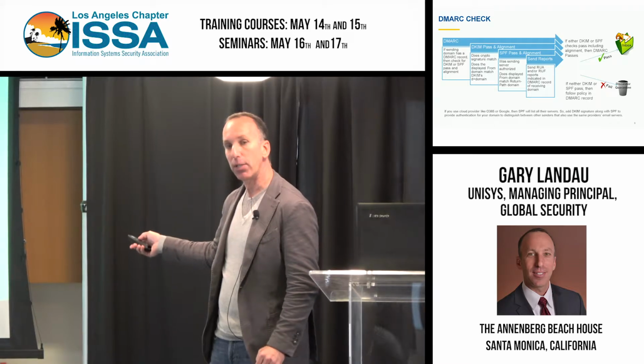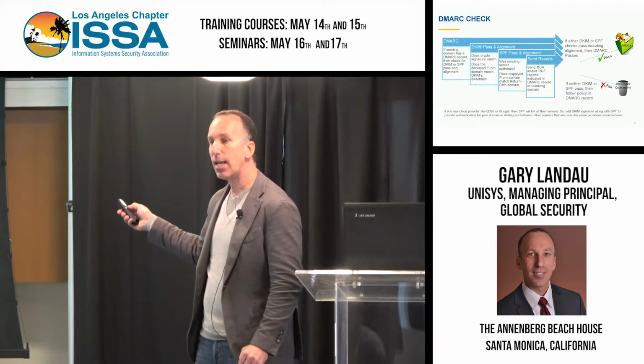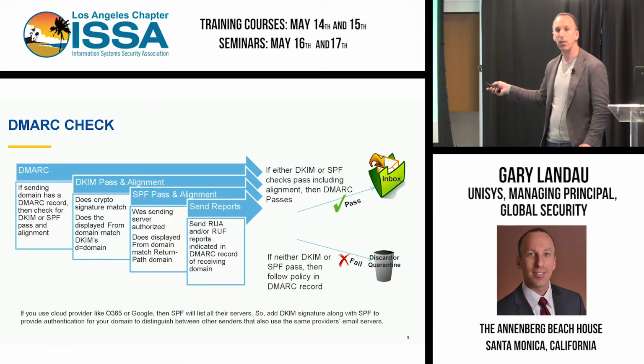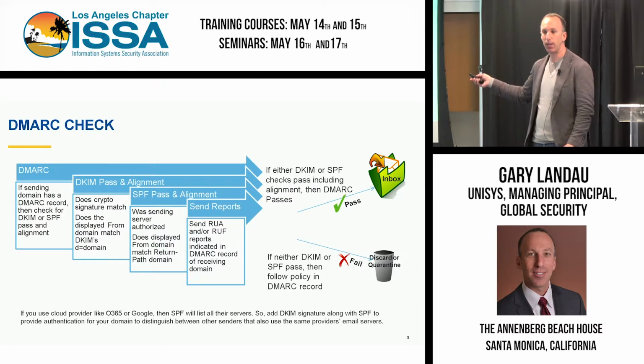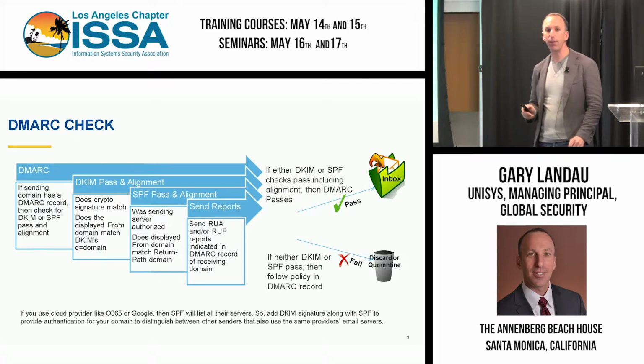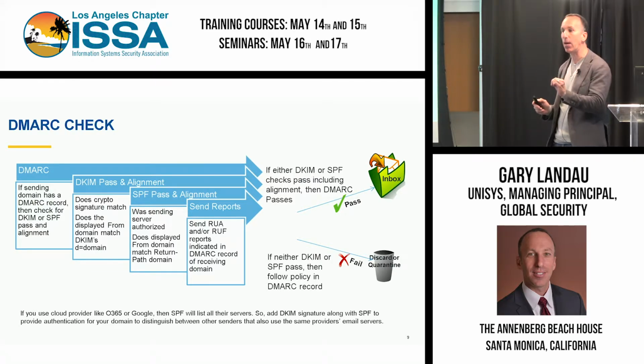The last part about DMARC is that it has a policy where the recipient will then send a report to the reporting system specified in the DMARC record. And you can glean a lot of information about who is sending email as your domain.